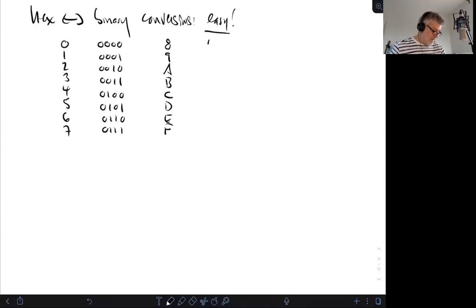So 8 in binary is 1000. Then I keep on going: 1001, 1010, 1011, 1100, 1101, 1110, 1111.